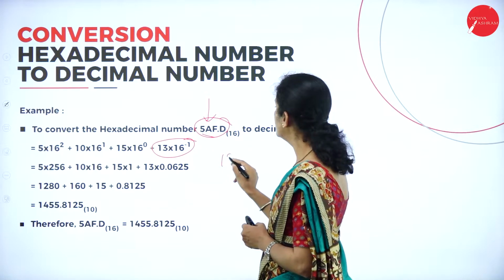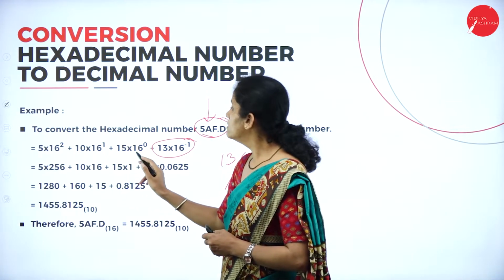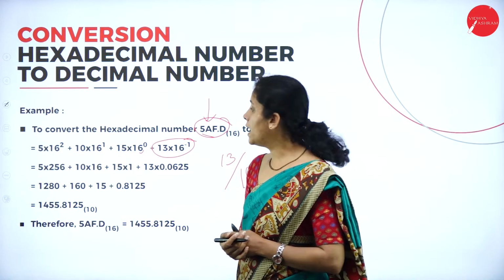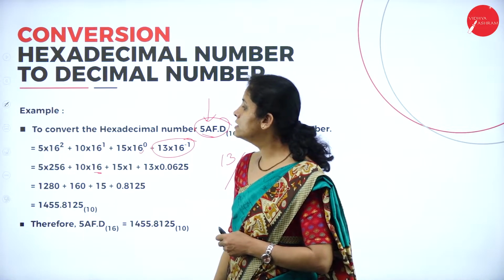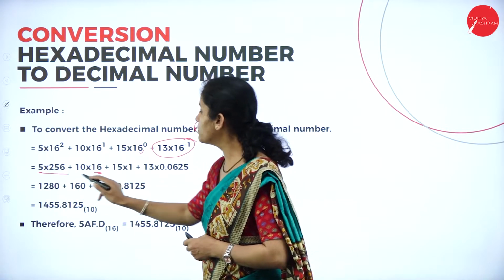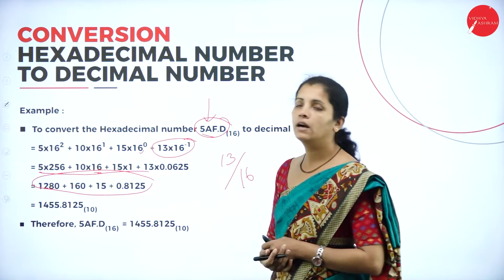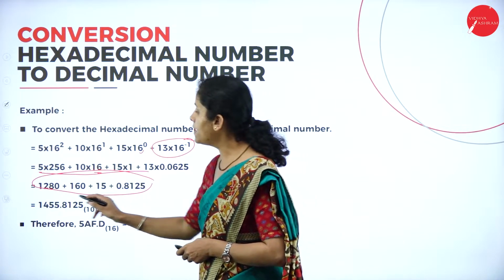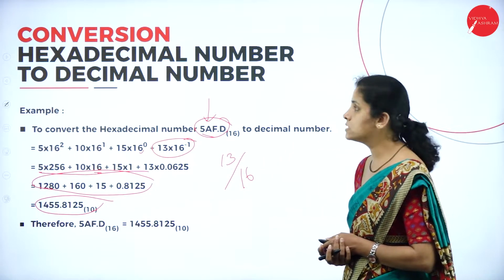So 13 divided by 16, and 16 to the power 1, it is 16, 16 to the power 2, it is 256, and I'm going to multiply and get the products, and at the end I'm going to add all the products together in order to get my final result.